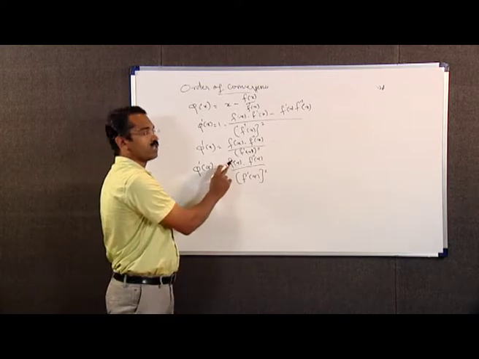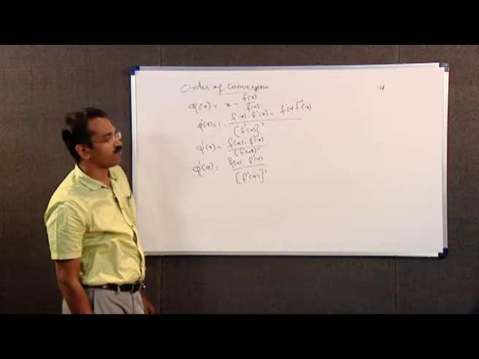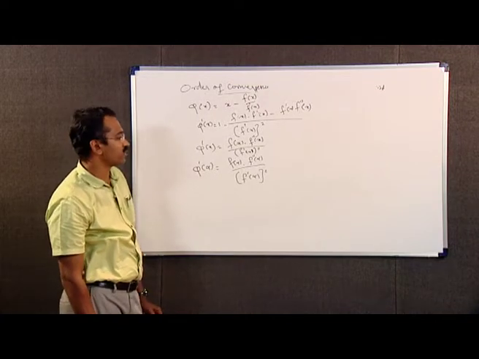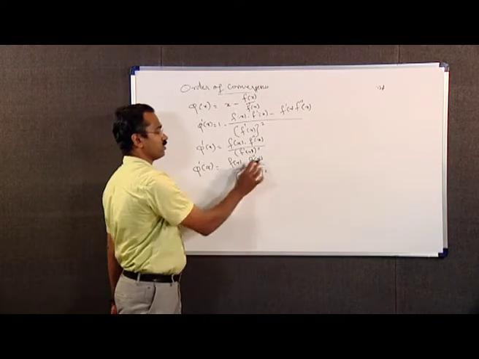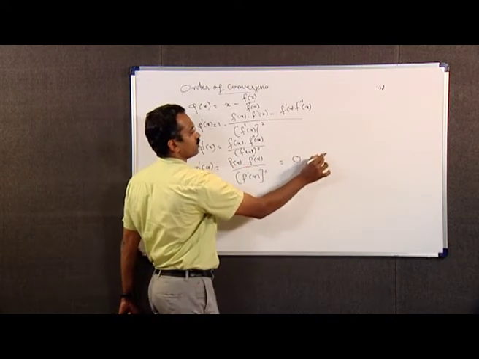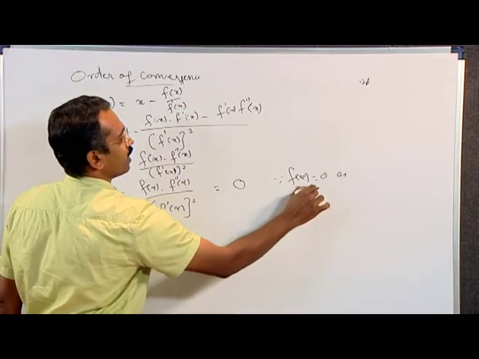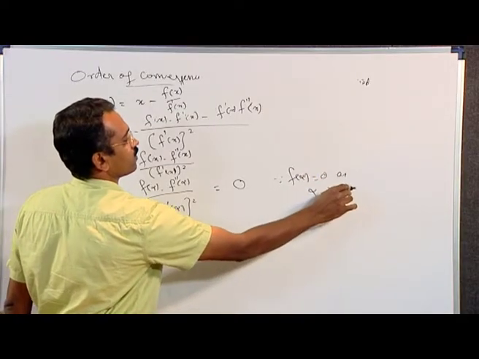But f of alpha is equal to 0, because alpha is the exact root of the equation f of x equal to 0. Therefore, f of alpha equal to 0 implies phi dash of alpha equal to 0. The reason is f of alpha equal to 0, as alpha is a root.